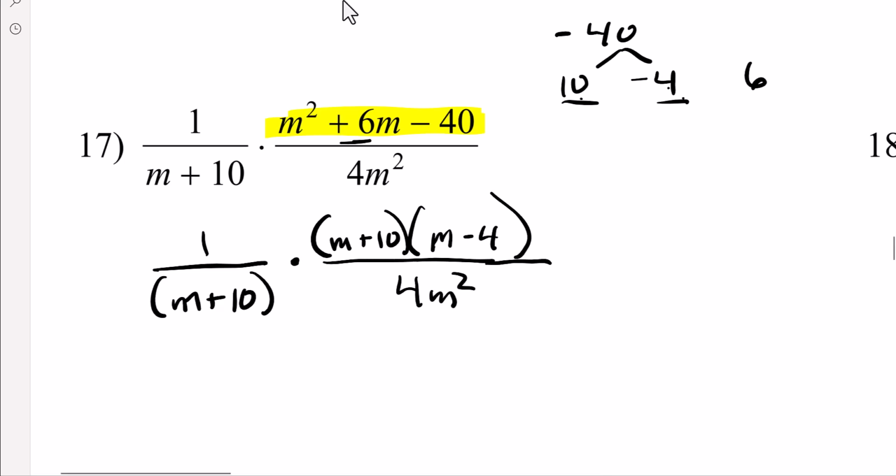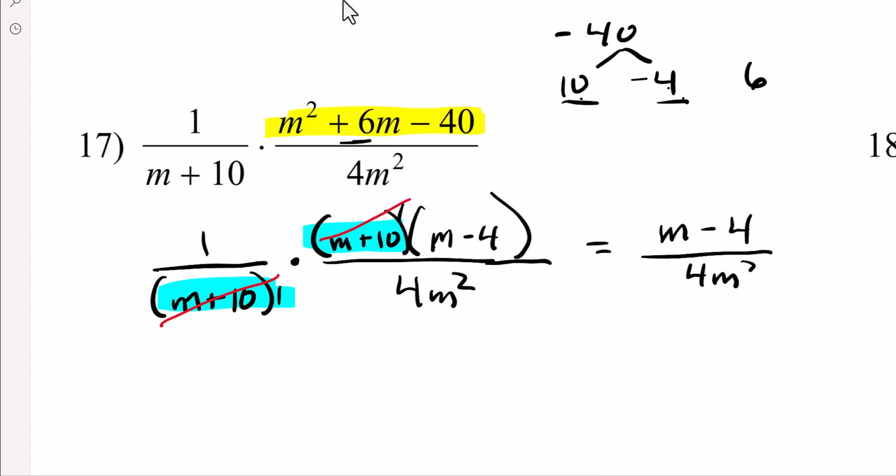Well, now look at what we can do diagonally. Those two things cancel, leaving that invisible 1. So now what we have is 1 times m minus 4, which is m minus 4. And then 4m squared times 1 is 4m squared. Now, if you think you can cancel the m's right there, false.